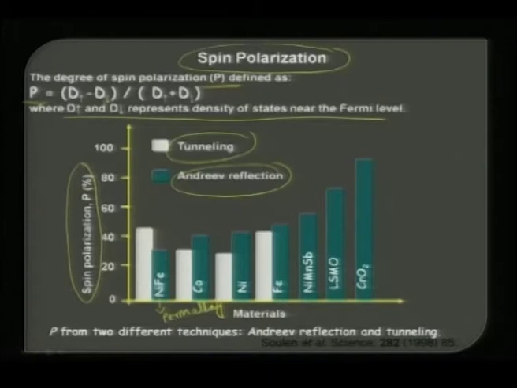In a tunneling experiment you see spin polarization up to say 40%, whereas in the Andreev mode it is around 35. The same is true for cobalt, and you can measure for nickel, iron, and for nickel, manganese, antimony. This is called Heusler alloy.